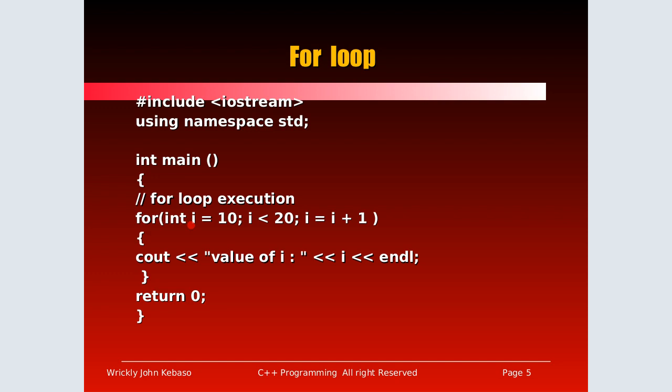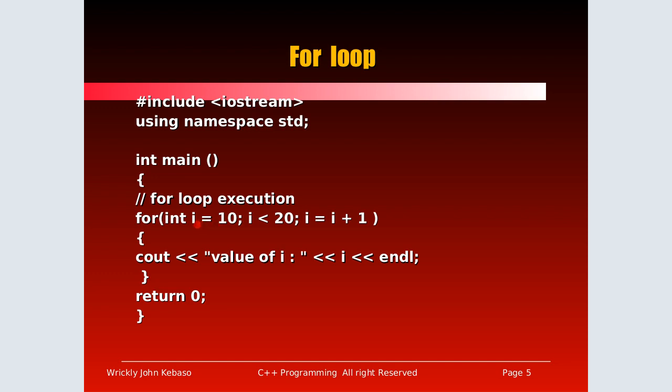So I want to repeat again. For I equals 10, semicolon, and I will not exceed 20, semicolon, increase I by 1. So this is the starting point. In fact, we declare a variable and we initialize it to the lowest value it's going to start from.